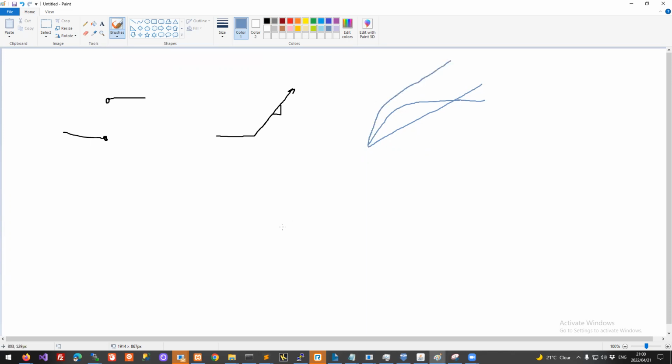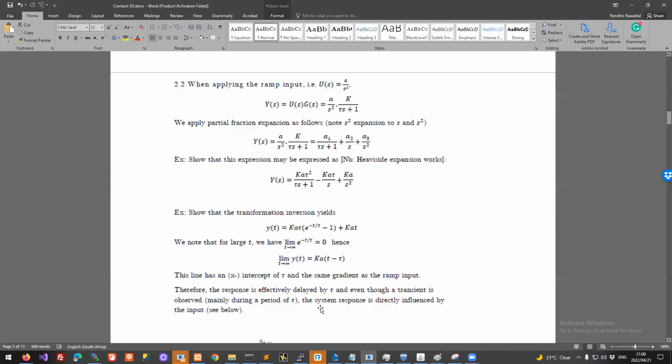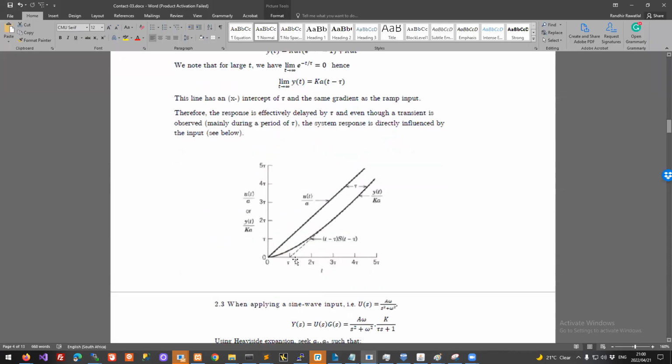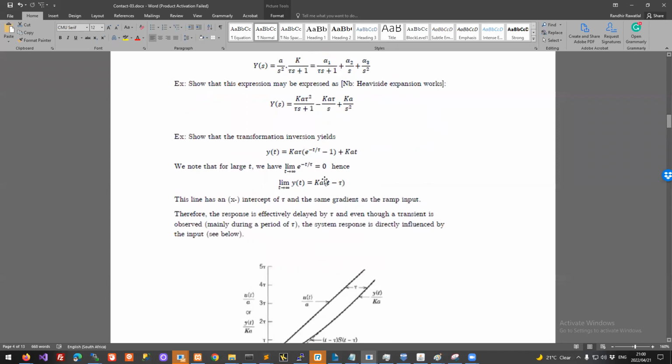So it's something like that. So if you were to plot that out, in this case, the exponential depends on what the k is.